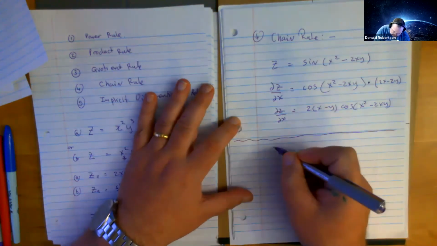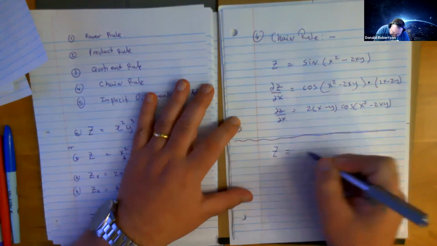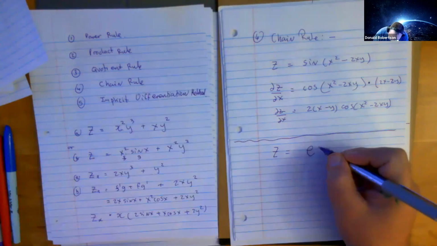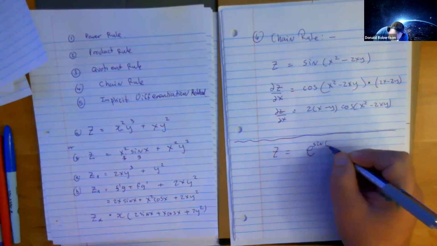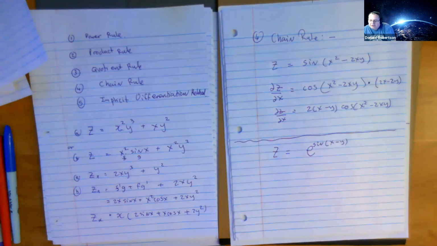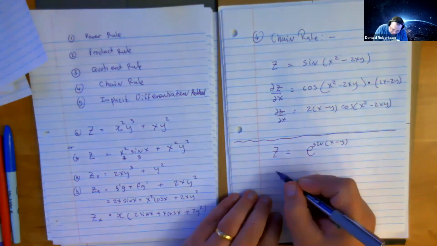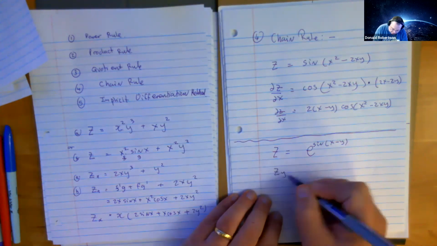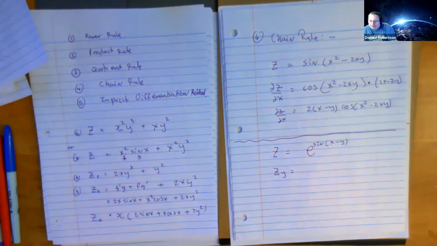How about this fella? E to the power of the sine of x take away y. And let's suppose I'm going to find the partial derivative with respect to y.